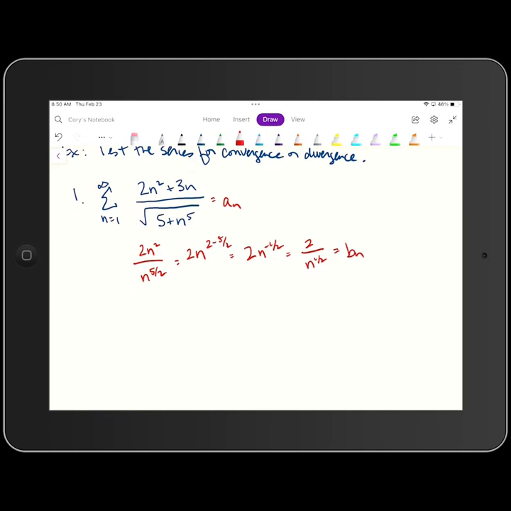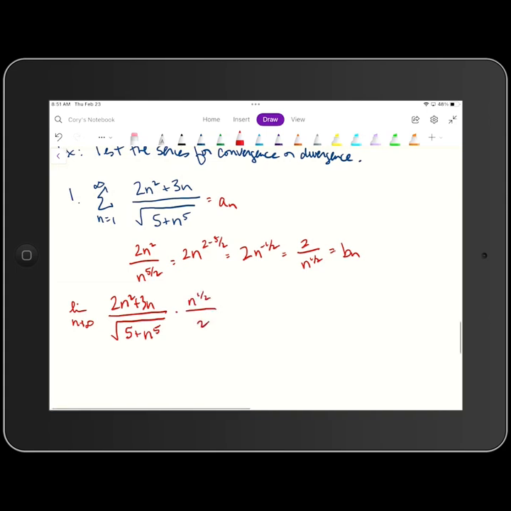So we're going to take the limit as n goes to infinity of a sub n, which is 2n squared plus 3n over the square root of 5 plus n to the 5th power, and we're going to divide that by b sub n. Dividing by b sub n is the same thing as multiplying by the reciprocal of b sub n, so that's n to the 1/2 power over 2.